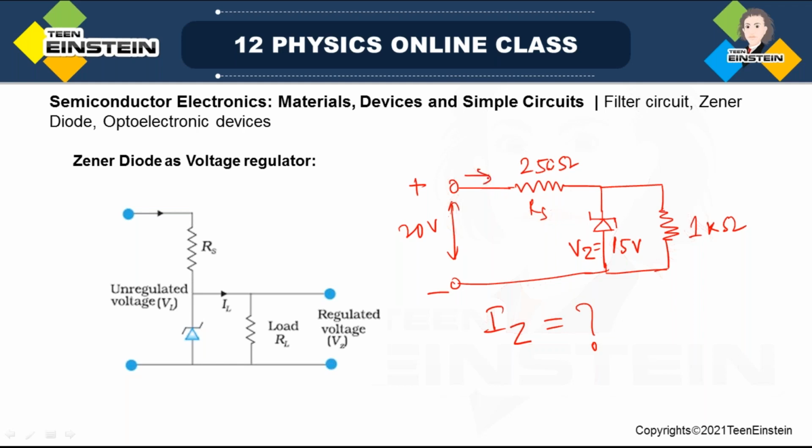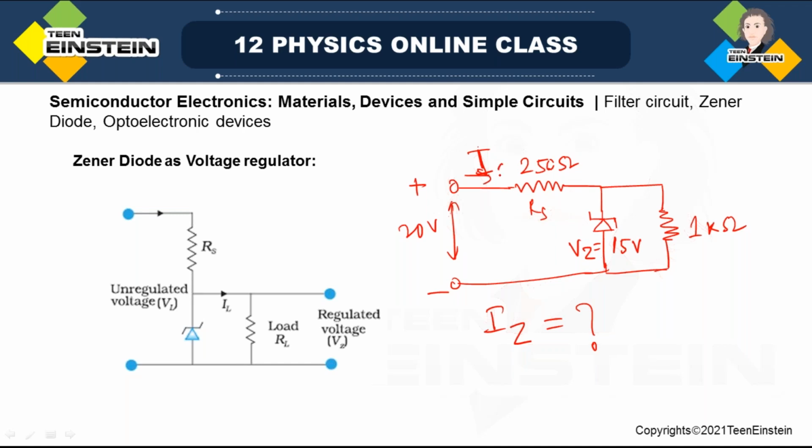If you have some current through this way, ideally the same current will flow through the Zener diode, right? Anyway, let us do the problem.